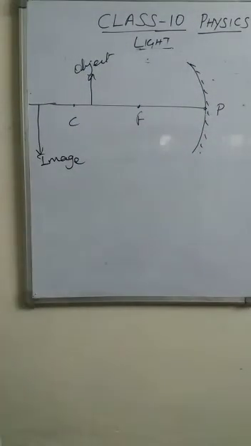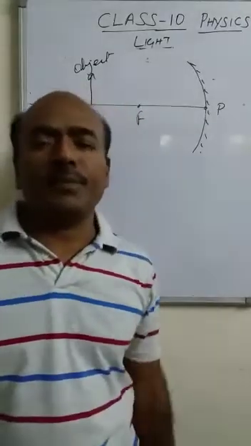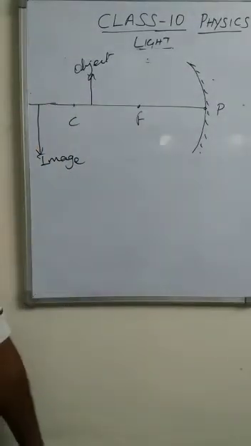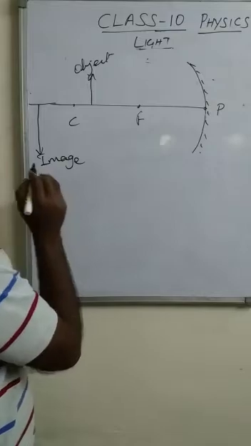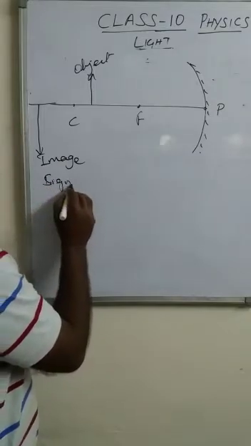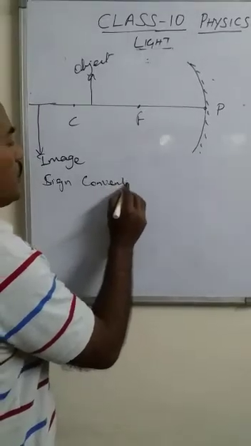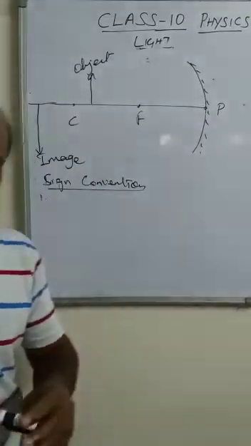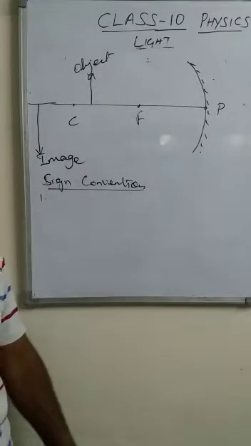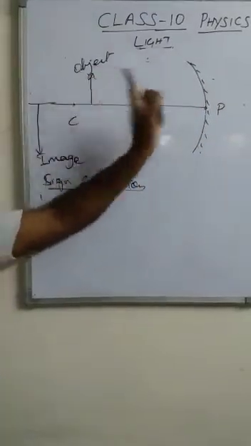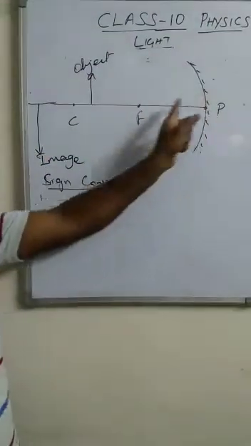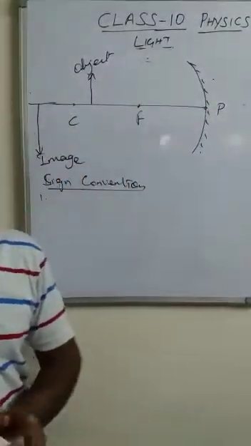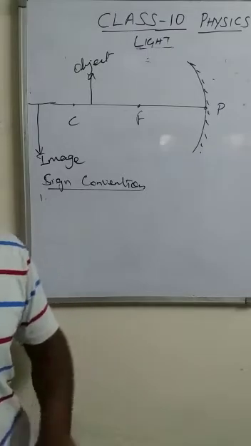For this measurement, the sign convention must be given because the direction of measurement is changing. There are some rules for the sign convention. Sign conventions used. First one is, all the distances: distance of object, distance of image, distance of the focus point, distance of the center of curvature, all the distances must be measured from the pole of the mirror.